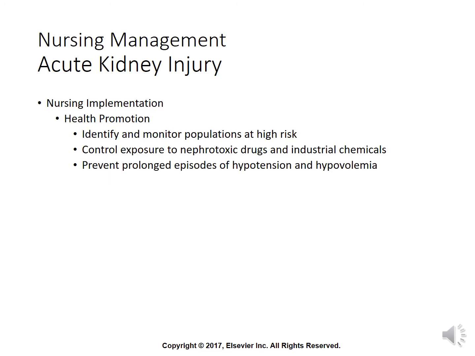So this is an important slide. I keep stressing the importance of health promotion and screening high-risk populations, because if we can prevent acute kidney injury, we can really prevent a lot of possible complications for our client.